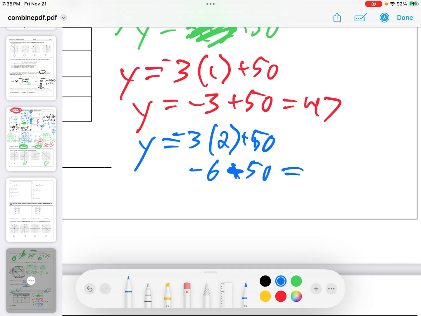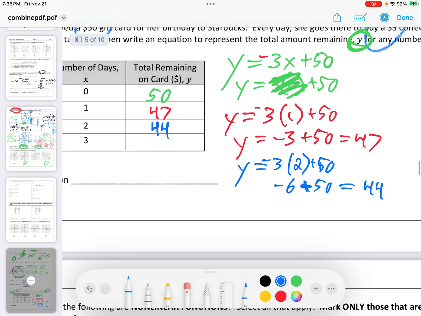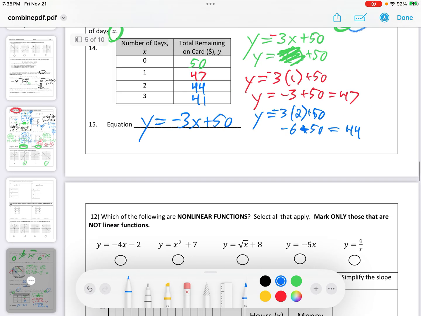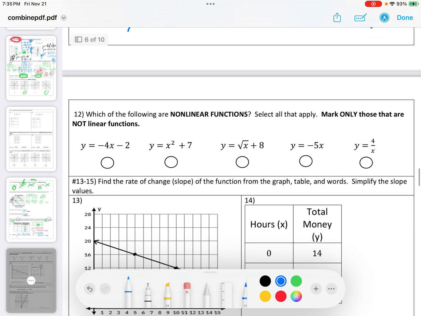Now she spent $6 with 2 days. Okay, $44. And you know what? I'm just gonna subtract 3 because, oh well. Y equals, but that would have been wrong without the negative. So be careful.